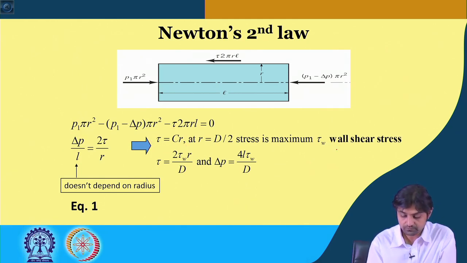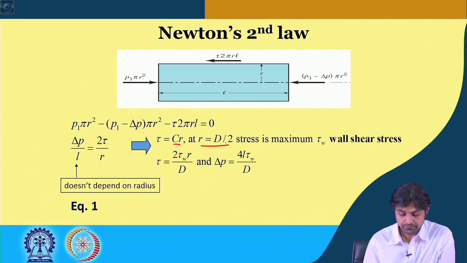All right. So if we put r is equal to D by 2 in this equation, what do we get? Tau is equal to C into D by 2.